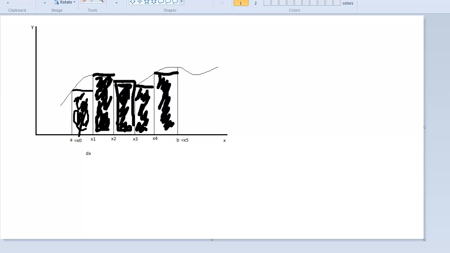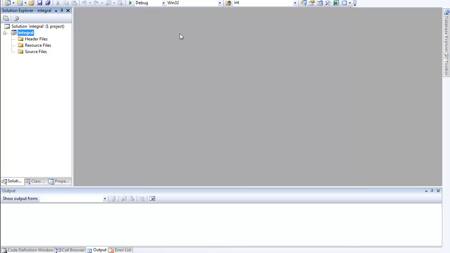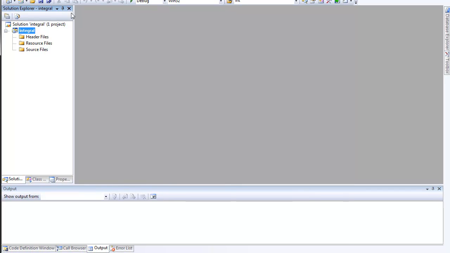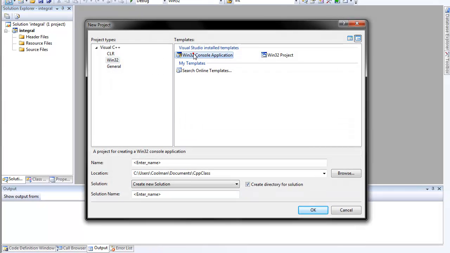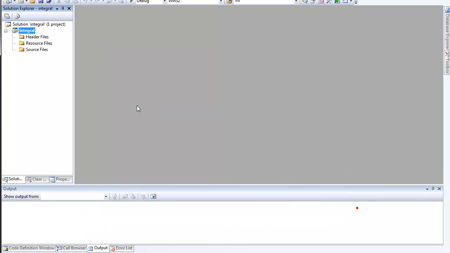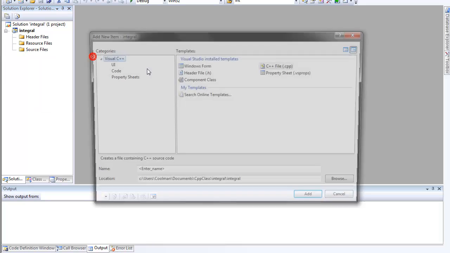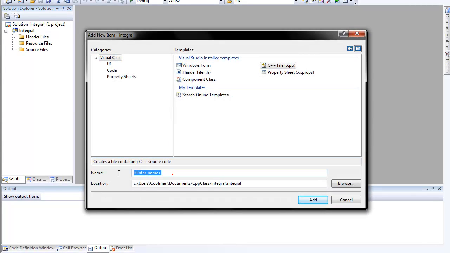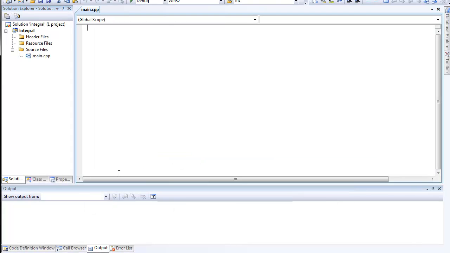Let me illustrate a simple example, but we are going to implement it in C++. So we start a new project. Basically I have got it already here, so I just add the C++ file. I call it main.